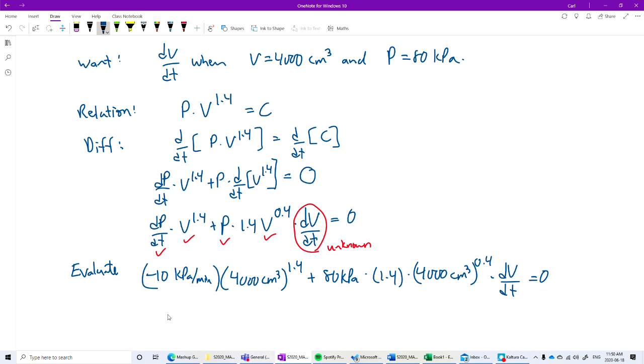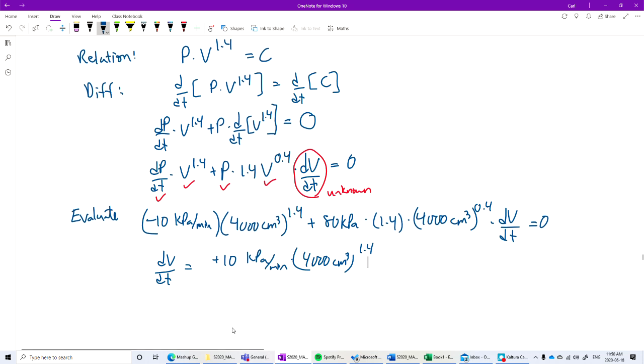Let me do it right now. So dV/dt is going to be, I'm going to move this to the other side, so that becomes plus 10 kilopascals per minute times 4,000 centimeters cubed to the power of 1.4. And then I'm going to divide by this coefficient.